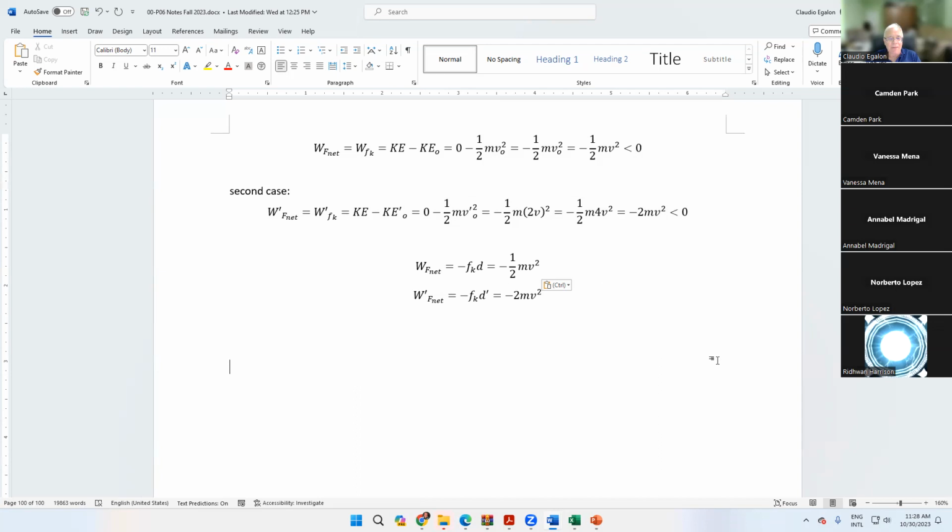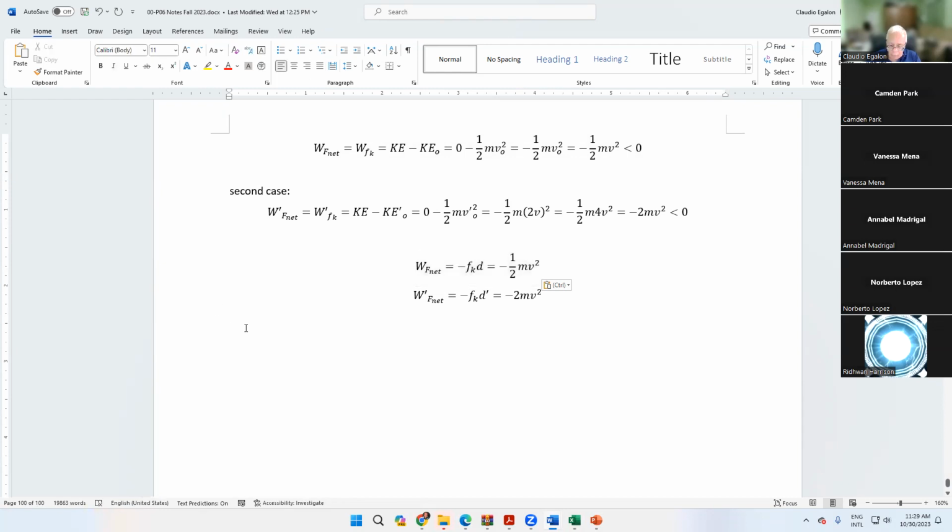And then what do we do next? We divided this equation by this equation here to try to find out what d prime is. That's one way of doing that. Another way would be to write down f sub k in terms of d. Okay, let's do the second way.